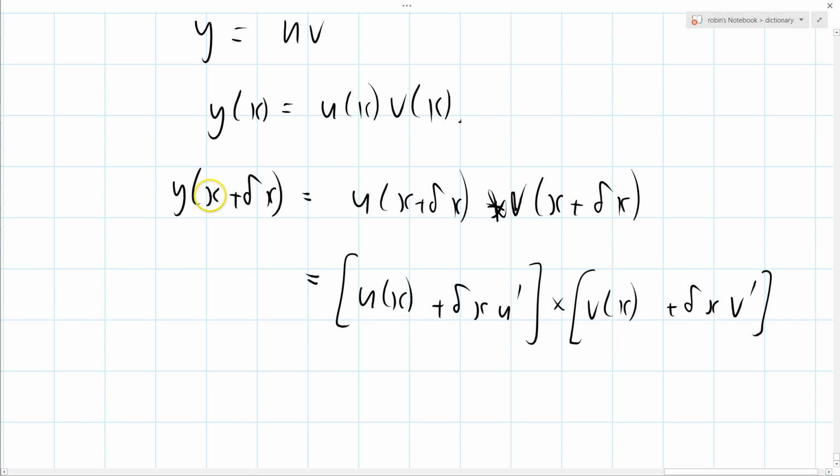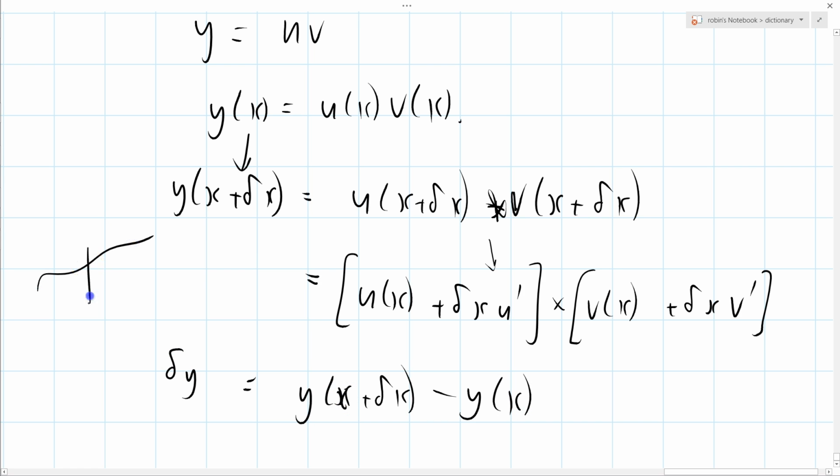Okay, so when you move from x to x plus delta x, you move to this value here. So what's delta y? Well, that's equal to y of x plus delta x minus y of x. So you ask, how much has y changed? Well, it's just this formula here.